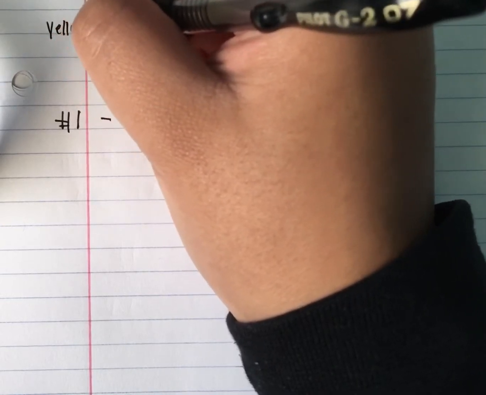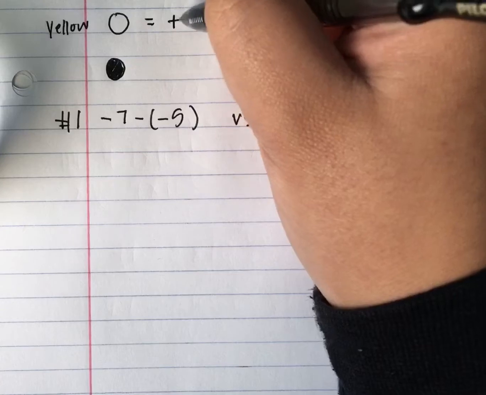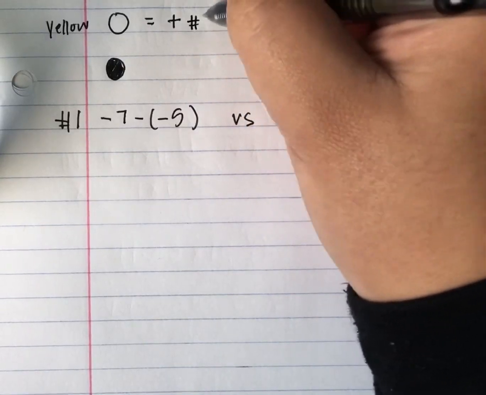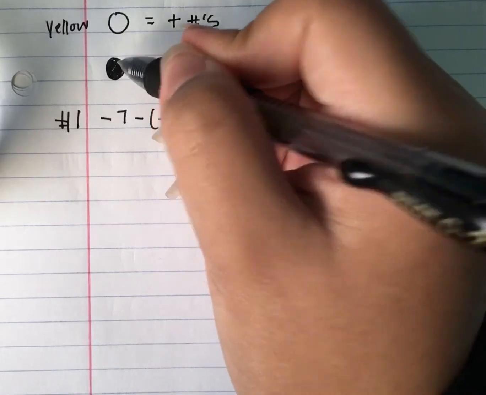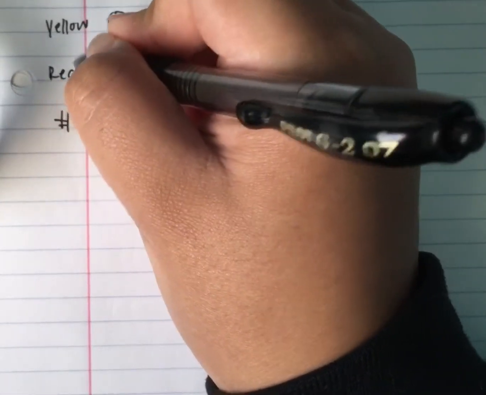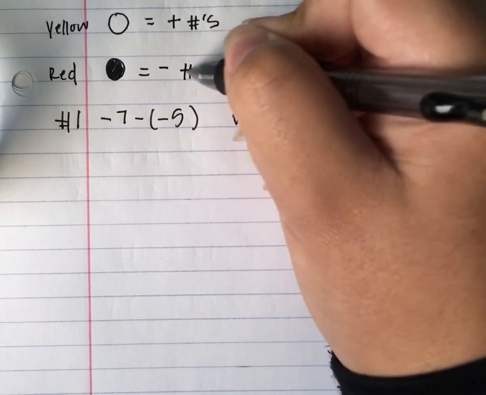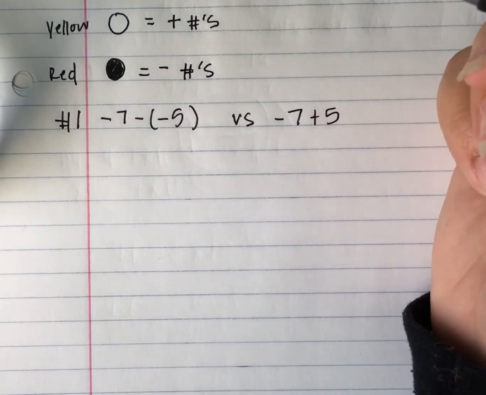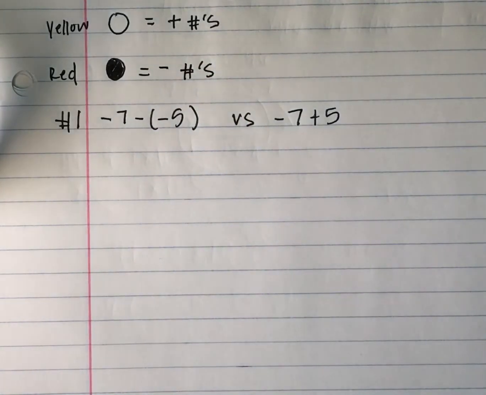This one, which is usually yellow or blank, will equal positive numbers. This one that's filled in, or can sometimes be red, will represent negative numbers. So we're going to be using these two in these two problems.